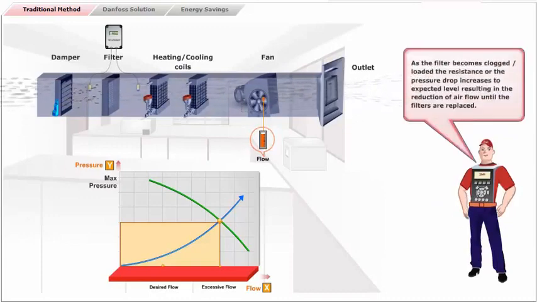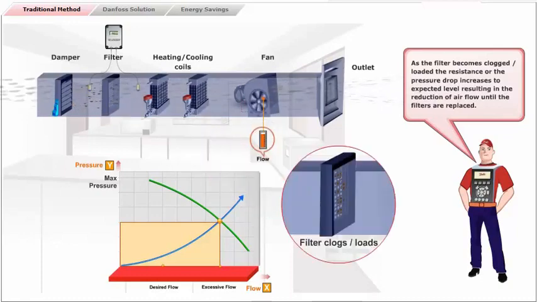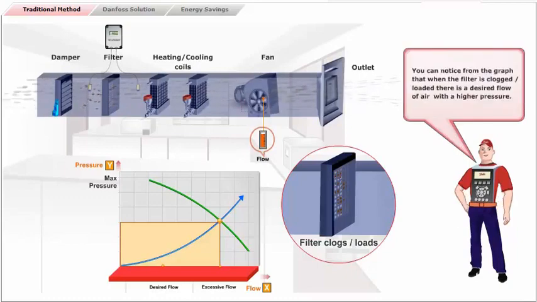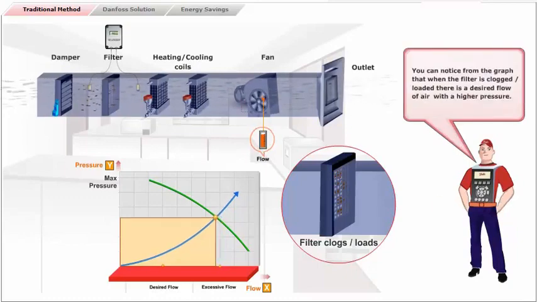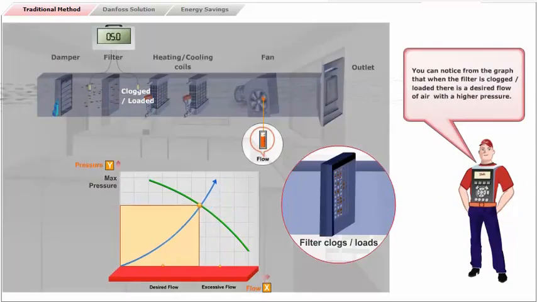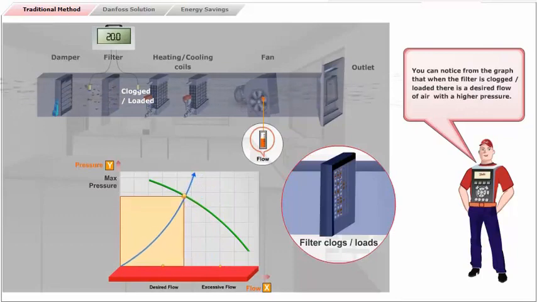As the filter becomes clogged or loaded, the resistance or the pressure drop increases to the expected level, resulting in the reduction of airflow until the filters are replaced. You can notice from the graph that when the filter is clogged or loaded, there is a desired flow of air with a higher pressure.